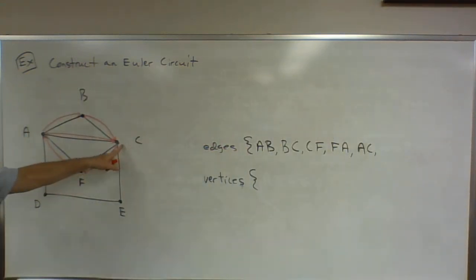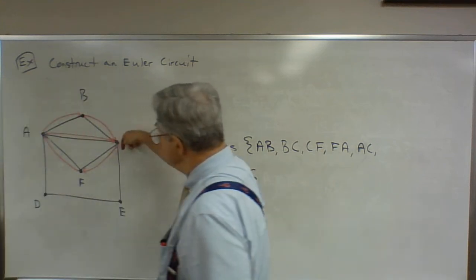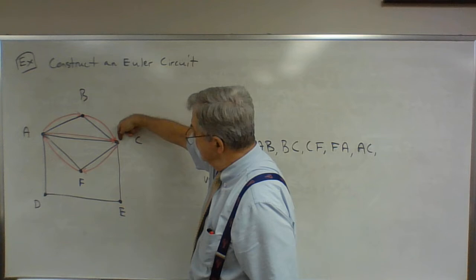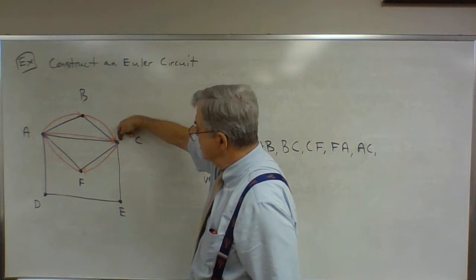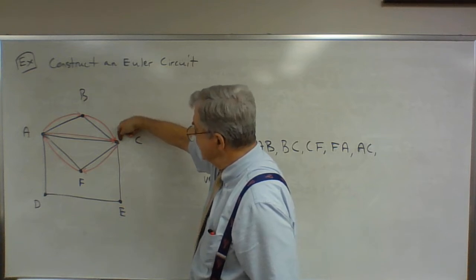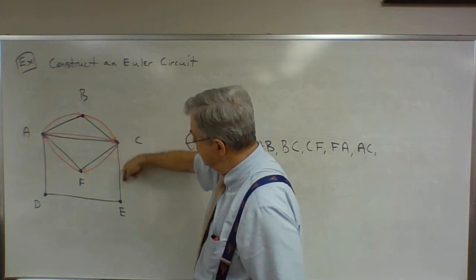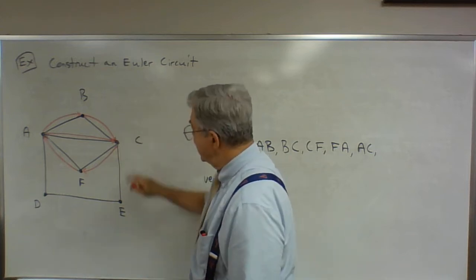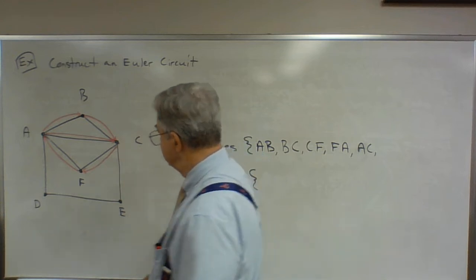And from here, there's only one place I can go. There's only one place such that I can leave vertex C and travel on an edge that hasn't been passed through. I have to go on the edge C to E.